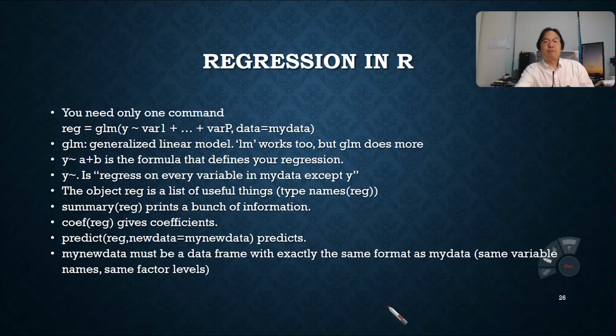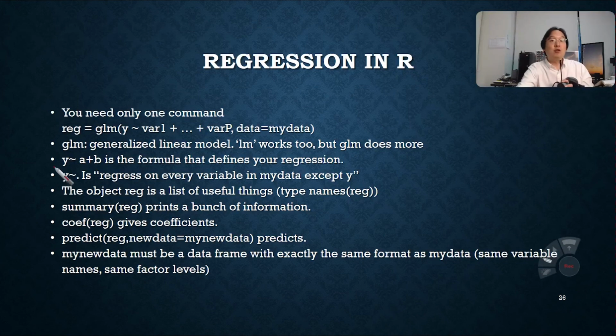And then the regression in R, you need only one command. Regress. R is G, should be GLM, and then parentheses everything, and then comma specifying your data. Now GLM, I told you about this. LM works too, but GLM does more. And then Y tilde A plus B is the formula that defines your regression.